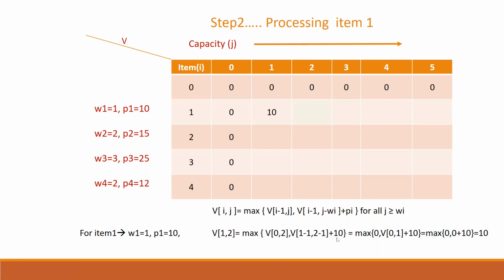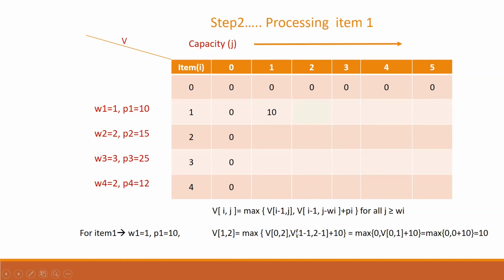If we apply the formula, here also we are getting 10. It is V of 1, 2, row number 1, column number 2. Apply the formula: i minus 1, where i is 1, gives 0, and j is 2.